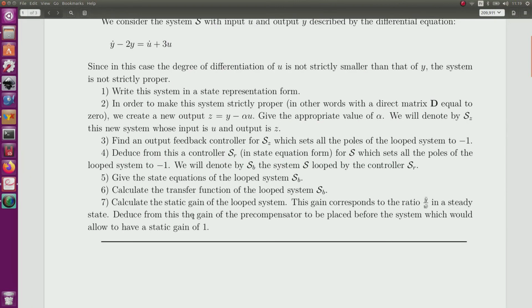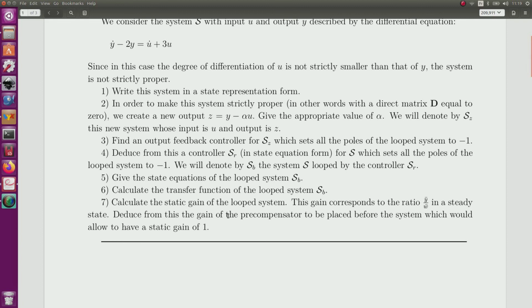Question number 7. We have to calculate the static gain of the closed loop system, and we recall that the gain corresponds to the ratio y bar divided by w bar at the steady state.